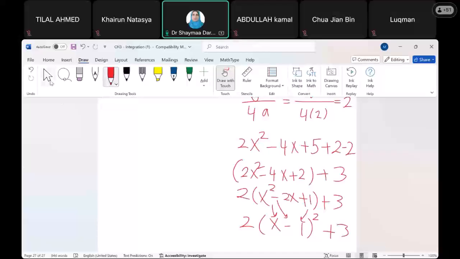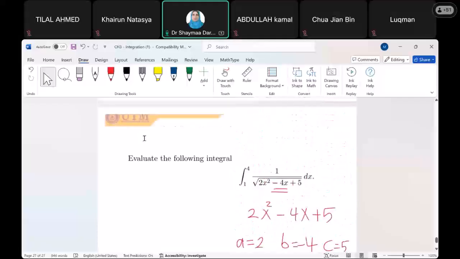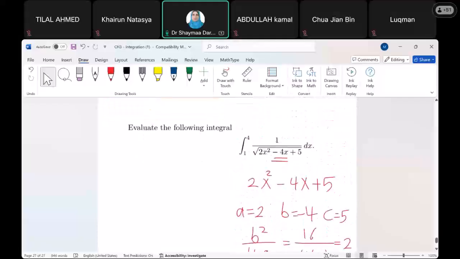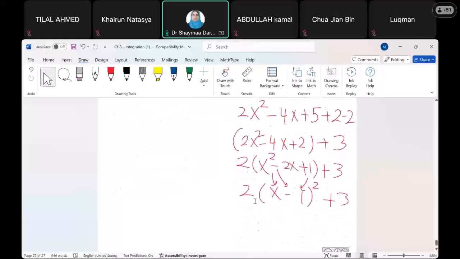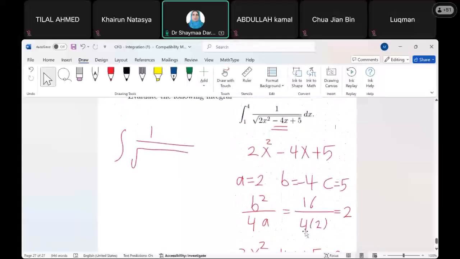Now I will go back to my equation and replace. My integration here will become 1 over square root of 2x squared minus 4x plus 5, which is replaced by 2 times x minus 1 squared plus 3, dx.